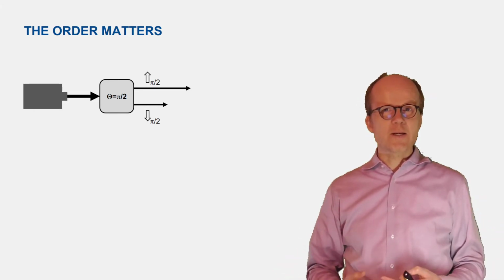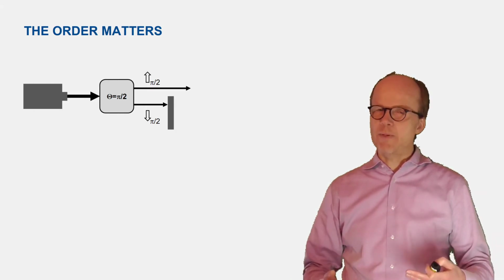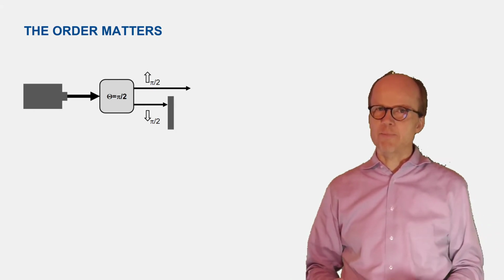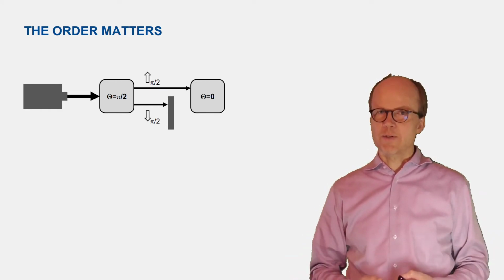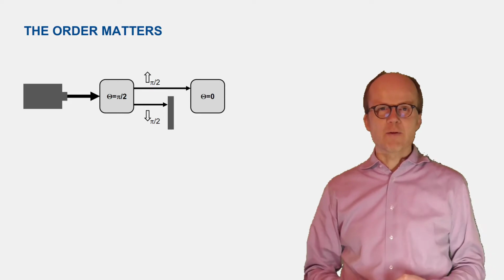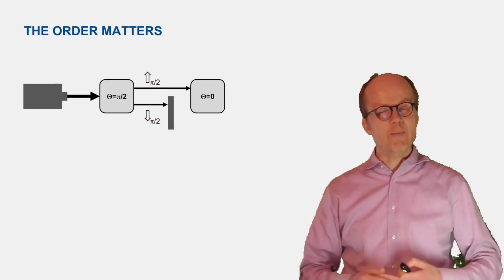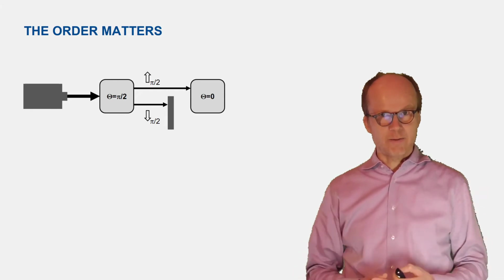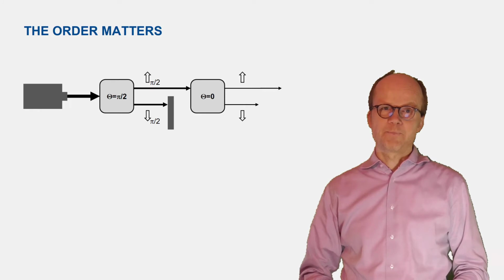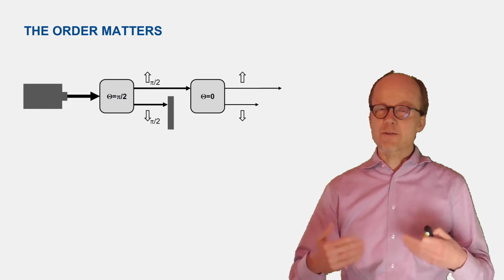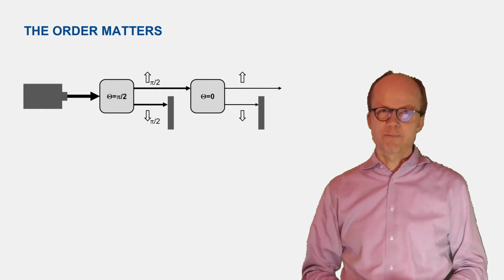Let's once again say we block out the lower beam and we subject the particles in the upper beam to a second binary measurement with a different setting, theta equal to 0. Now, since these are different parameter settings, the second measurement will split the beam again. And let us one more time block out the lower beam.